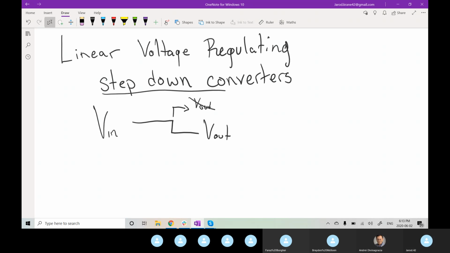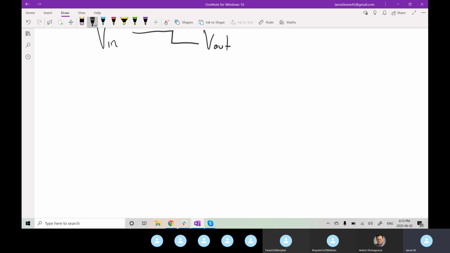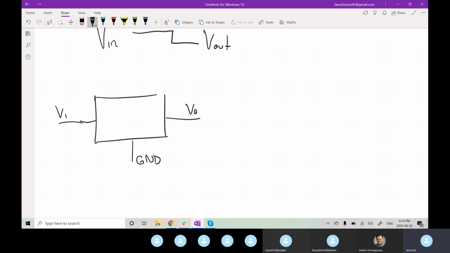In the standard circuit diagram, you'll see two general different symbols depending on whether you have fixed or adjustable. If you have a fixed one, you'll just have your V in, the ground, and your V out.